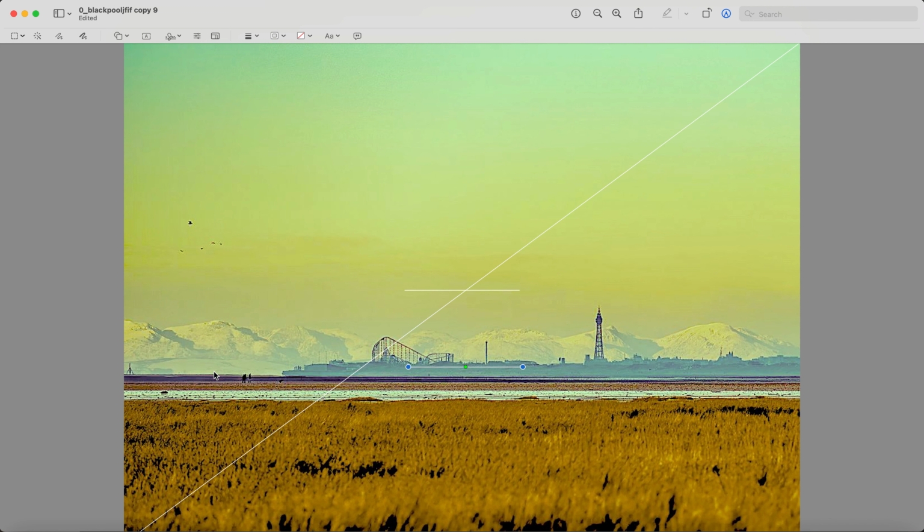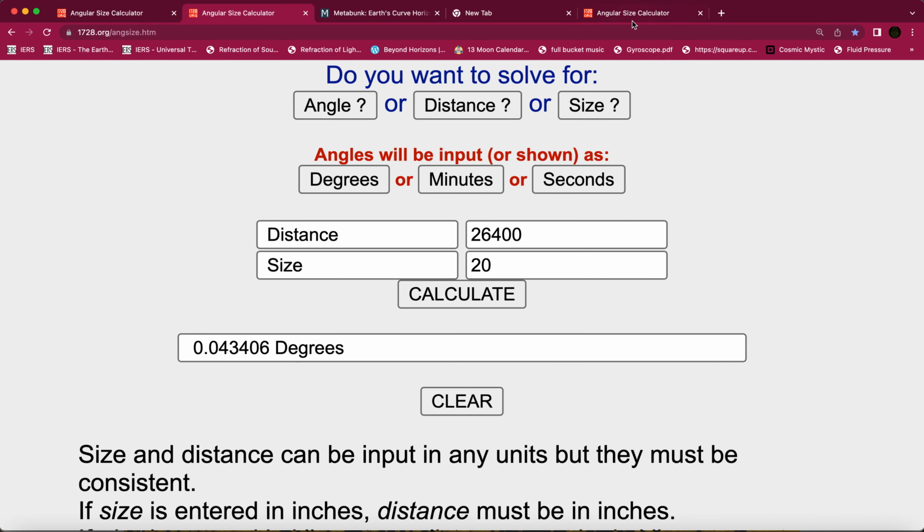If we look over here, he wouldn't see 20 feet at all because of the angular size change. If we go back to here, at let's say, I think that's like 30 miles away, something like that, that's 158,400 feet. Something that's 80 feet high will have an angular size of 0.92 degrees over there.